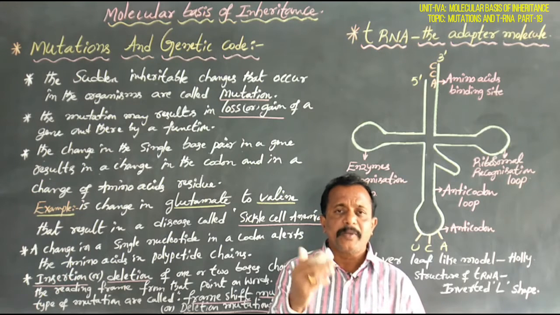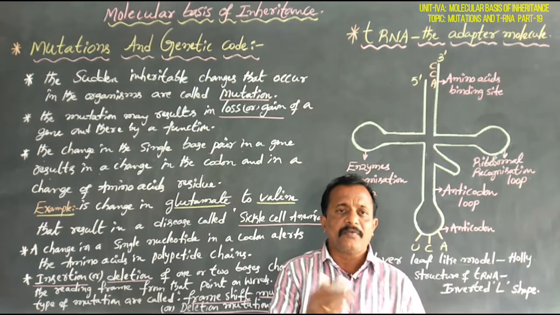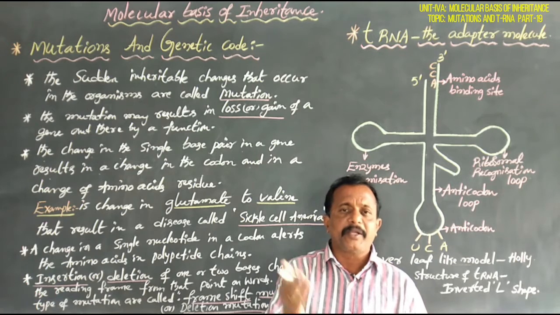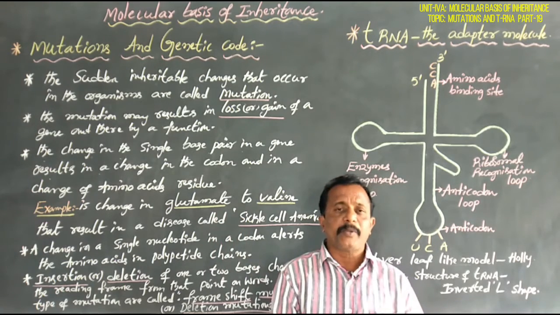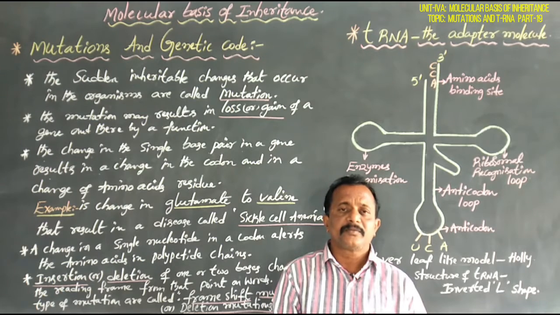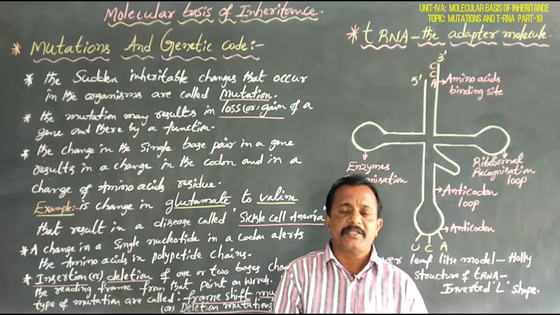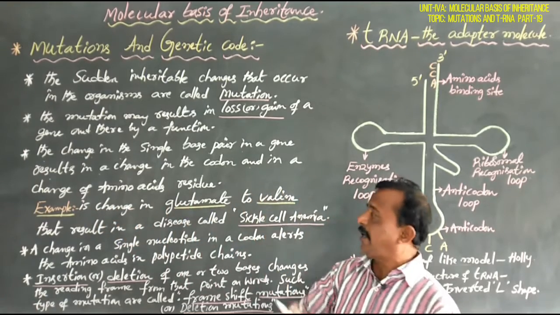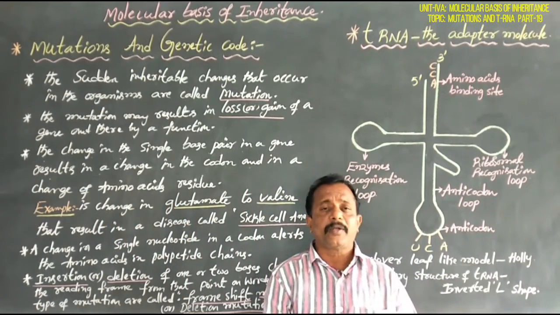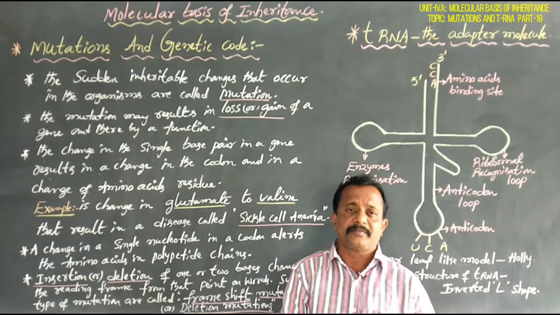Hemoglobin has an alpha polypeptide chain and a beta polypeptide chain. In the beta polypeptide chain an amino acid is changed: glutamate is replaced by valine.